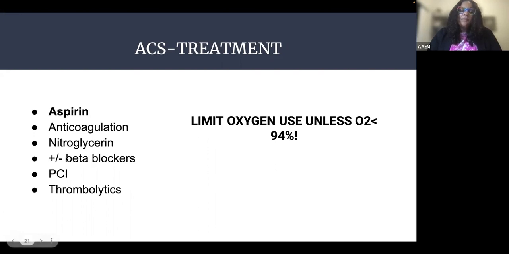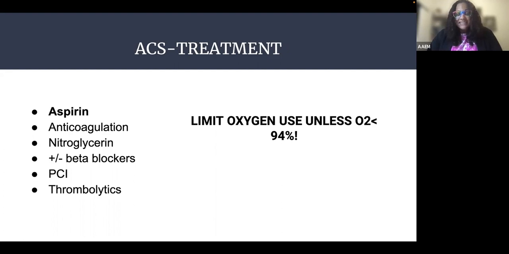Now, plus or minus beta blockers, depending on how the patient's presenting and depending on your discussion with cardiology. These patients may go for an intervention with interventional cardiology, depending on their EKG, their hemodynamic status, and the laboratory values.